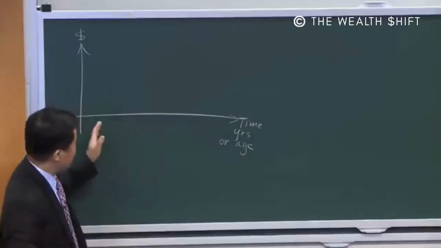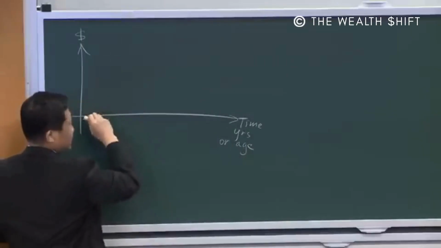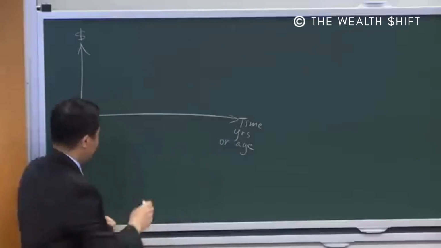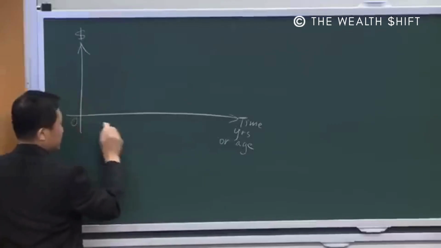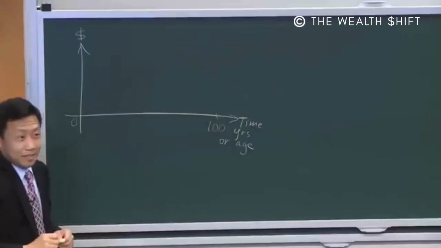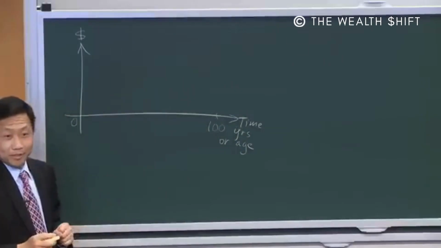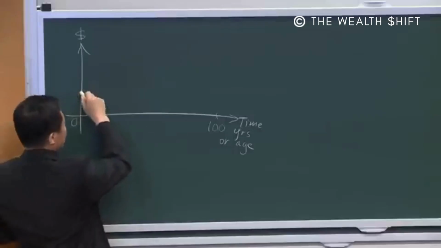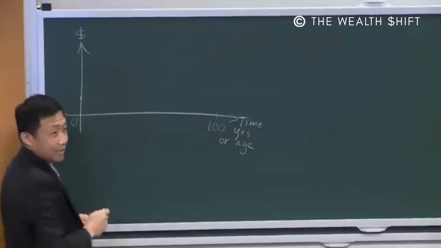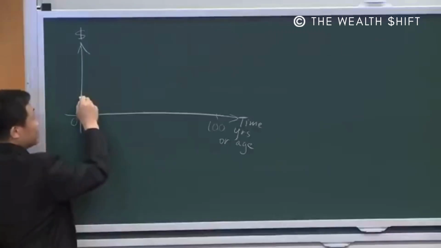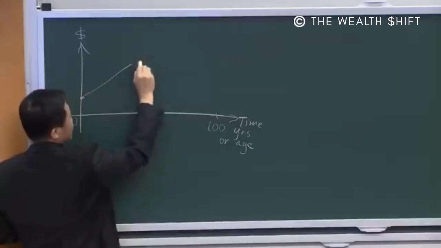look at this chart. I'm going to plot your spending as a function of your age, from age 0 to age 100. Everyone's spending pattern is different, so I'm not going to tell you this is the spending pattern. Obviously, when kids are young, they probably don't have a lot of hobbies or tuition, but they have some basic needs, so they spend. Then the spending really goes up.